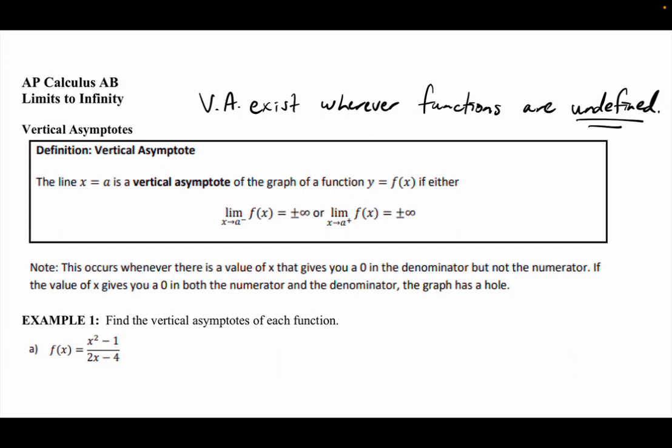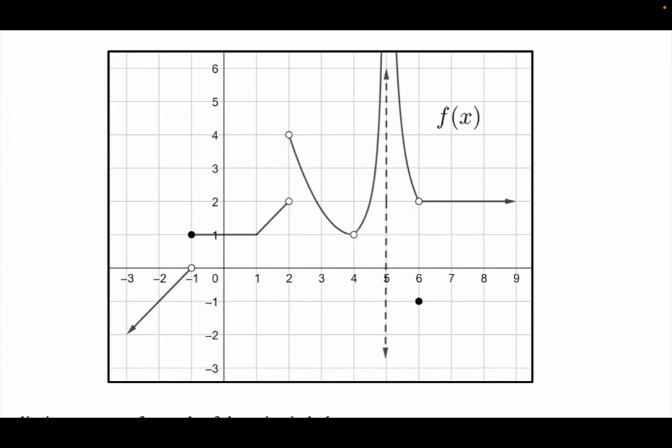So how do we find limits at vertical asymptotes? Well, let's go back to this guy. So let's say I'm trying to find the limit as x approaches 5 from the left here. Well, from the left would be from the less than side, right?